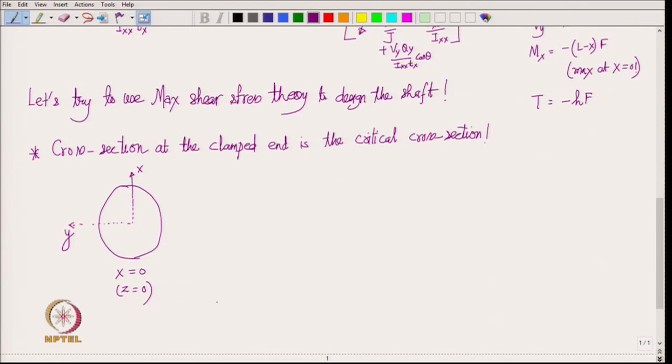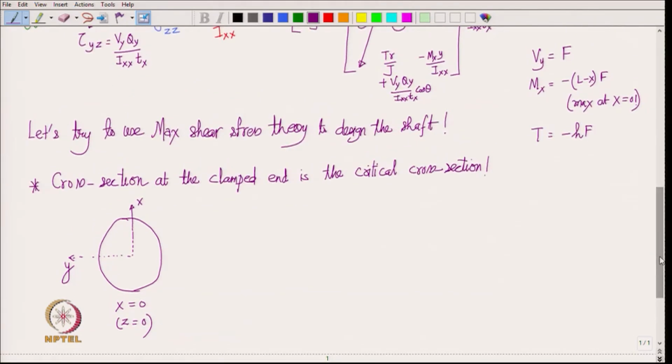Now, where is the bending stress maximum in this cross section? Looking at the formula for bending stress, sigma z z is equal to minus M x, and M x is equal to minus L F. So, this becomes L F into y over I x x.